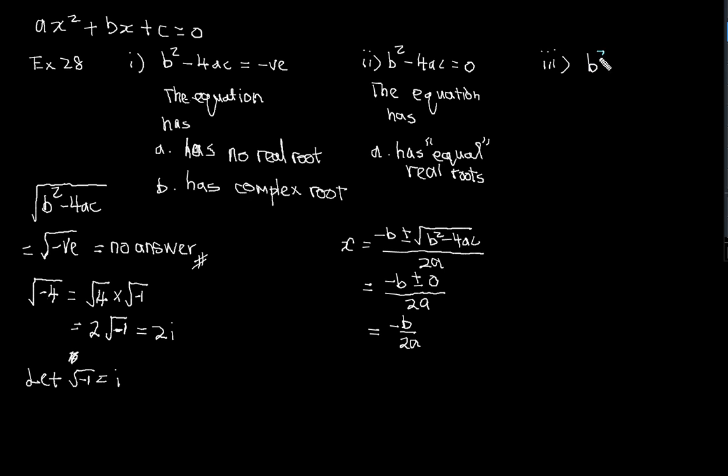Now, the third case is where b squared minus 4ac is positive. Therefore, in this case, the equation has two distinct real roots.